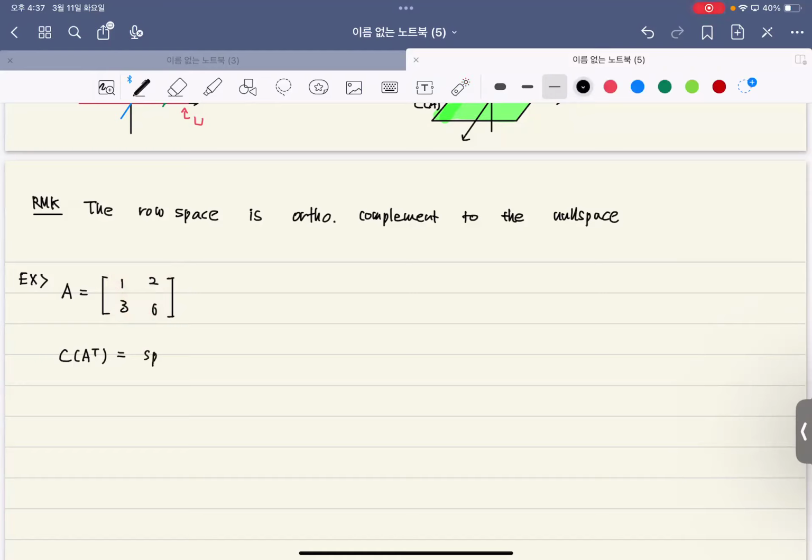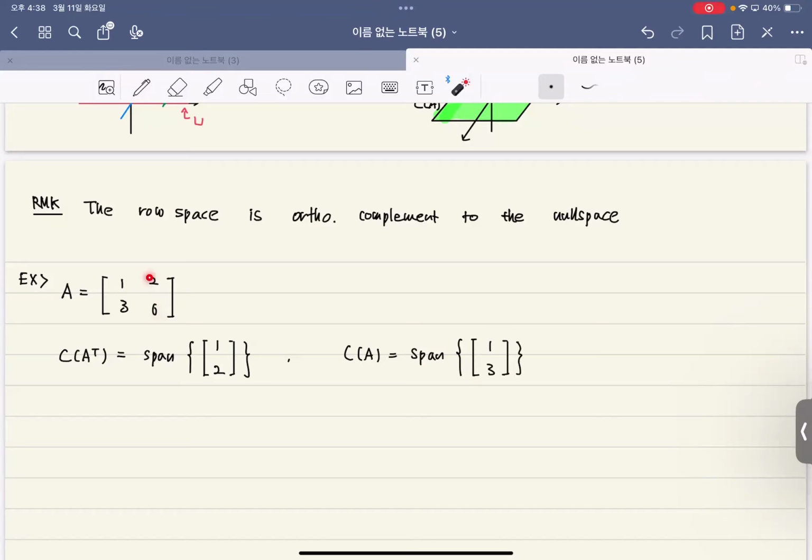So the row space is simply spanned by this vector. By the same reasoning, the column space is just spanned by this one single column, because the second column is just 2 times the first.